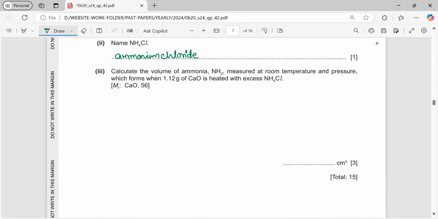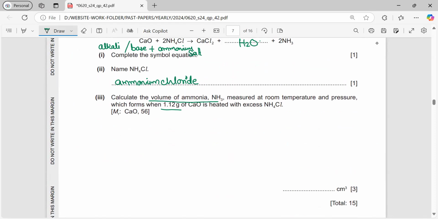Next question is: calculate the volume of ammonia, measured at room temperature and pressure, which forms from 1.12 grams of calcium oxide. So, when 1.12 grams of calcium oxide is heated, what will be the volume of ammonia?